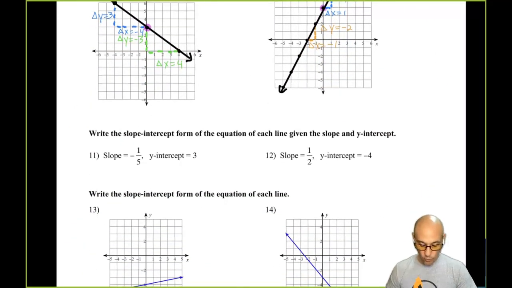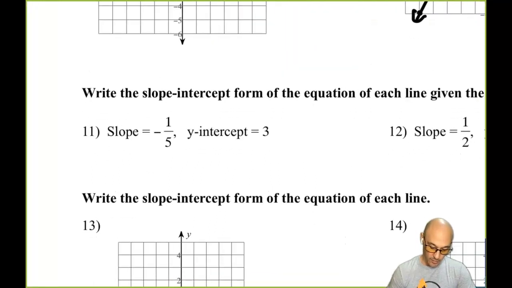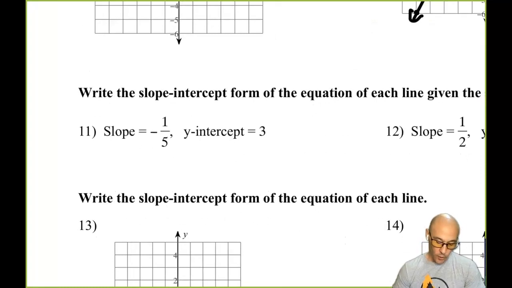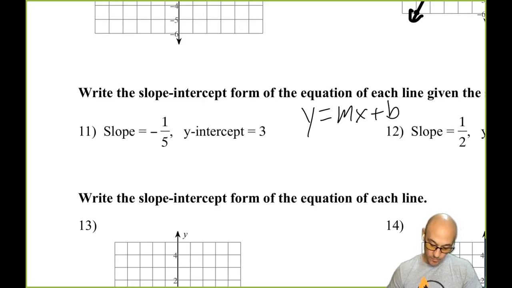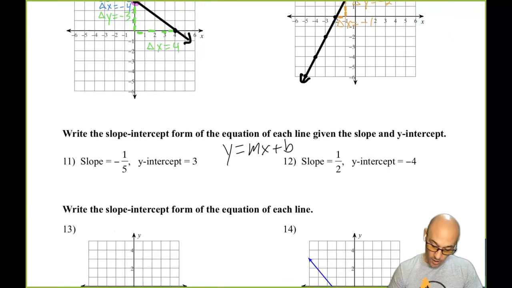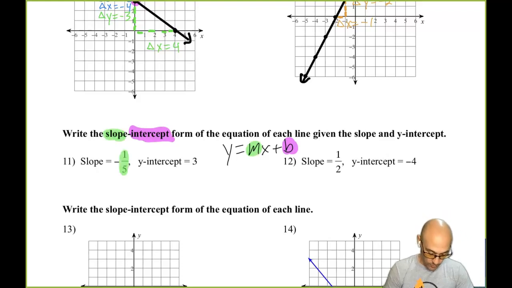Write the slope-intercept form of the equation of each line given the slope and y-intercept. So again, slope-intercept form is just y = mx + b, where our slope is our m and our y-intercept is our b.